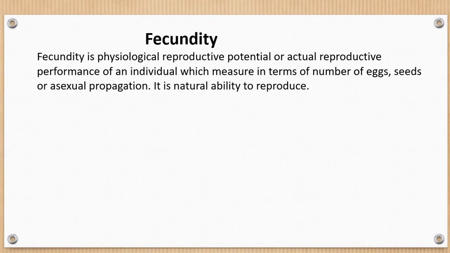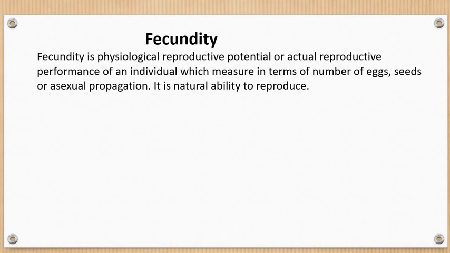So what is fecundity? Fecundity is the physiological reproductive potential or actual reproductive performance of an individual, which is measured in terms of the number of eggs or number of seeds or sexual propagation.